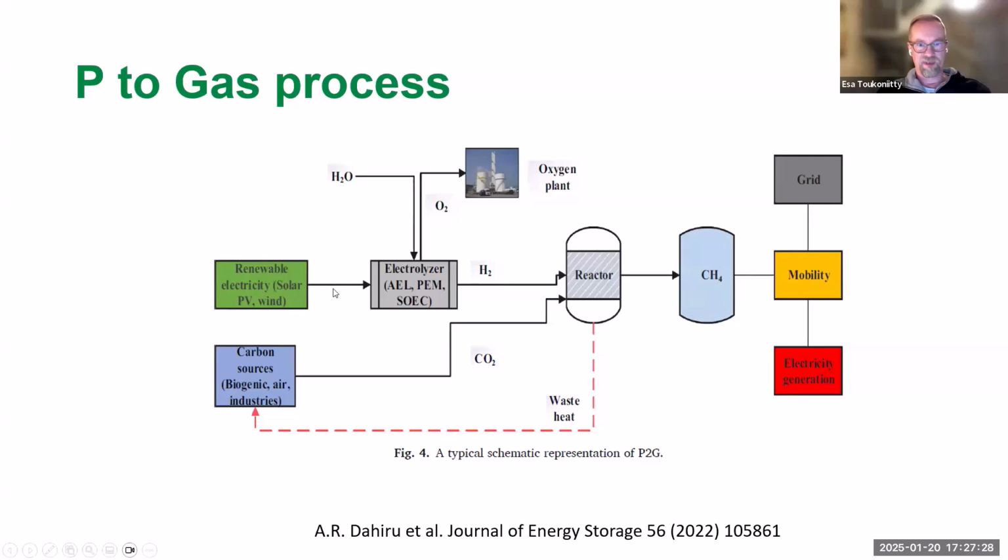So starting from electricity, electrolyzing water, producing hydrogen, then in the other line you capture and condense carbon dioxide, and once you mix hydrogen and CO2 in the reactor with a suitable catalyst and suitable conditions, you can carry out methane synthesis.